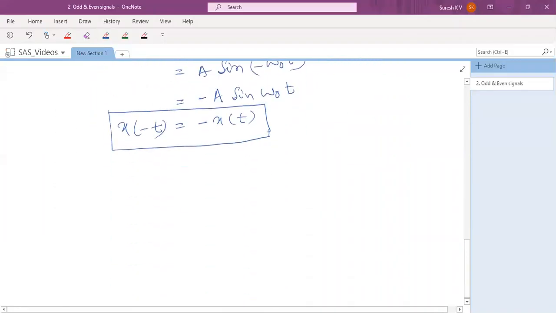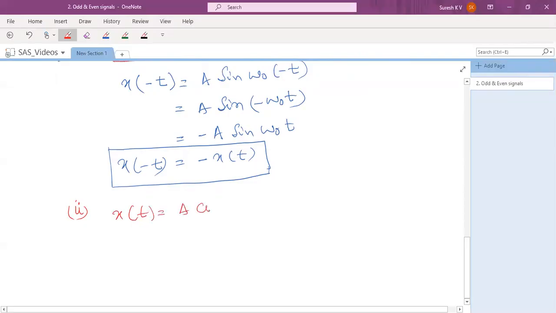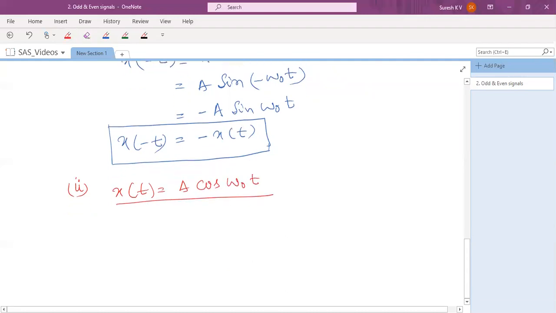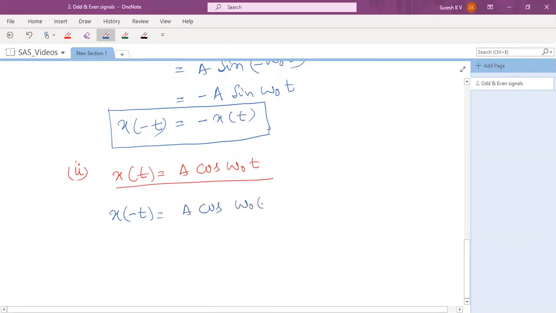We'll take another example, say x of t is a cos omega naught t. Let us follow the same steps. The x at minus t is a cos of omega naught, replace t by minus t, and this is a cos of minus omega naught t.